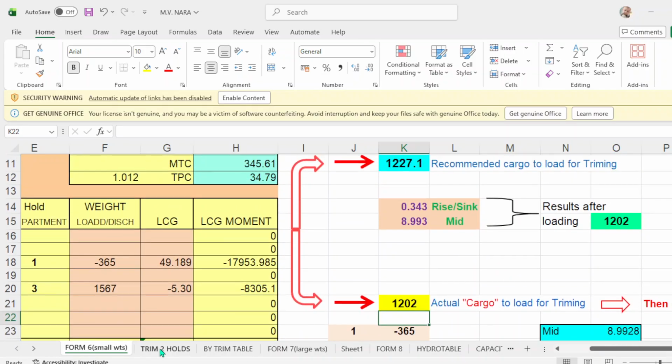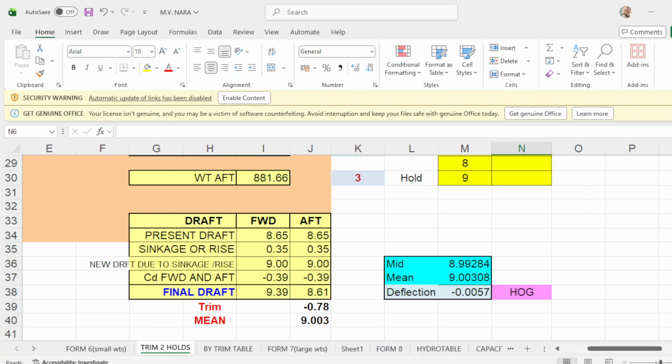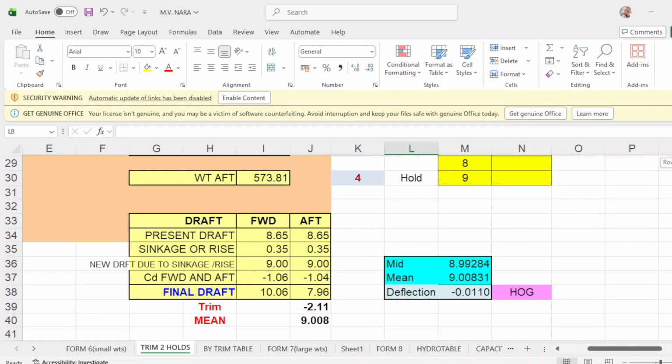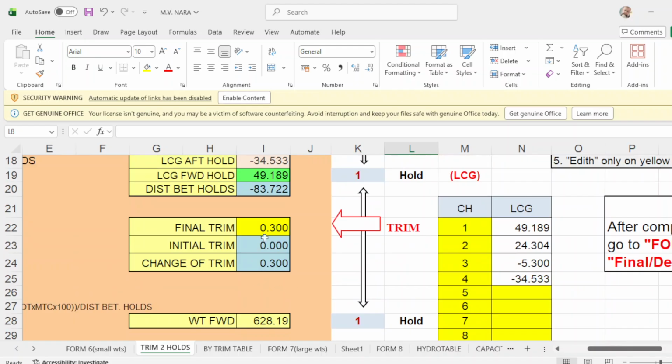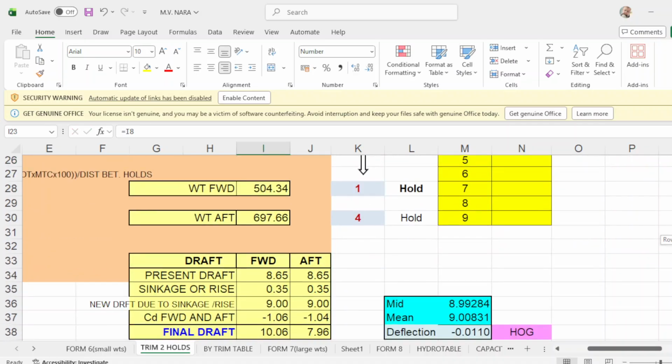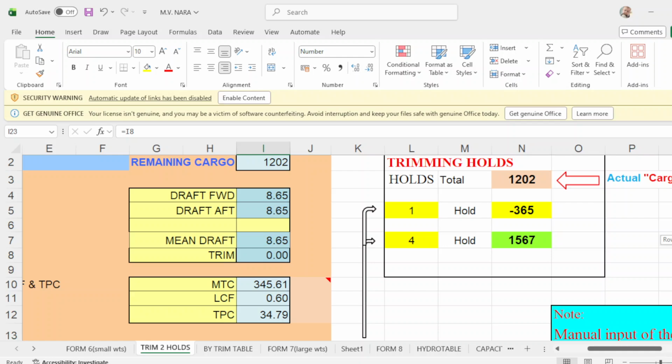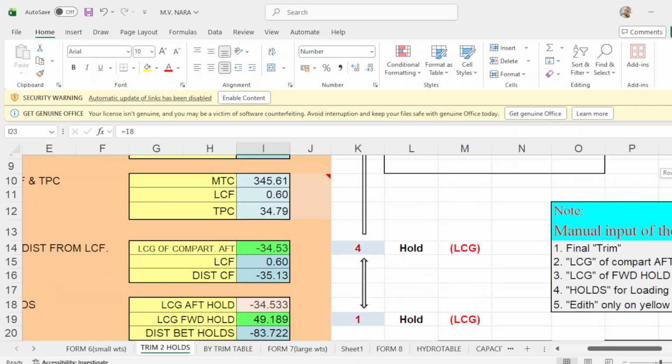Okay, now let's continue with this amount that he recommended. So we go to tanks 1 and 4, with 1202, and let's say our trimming holds are 1 and 4. And let's say we have no trim. We put 0, no trim. And what will be your final draft?